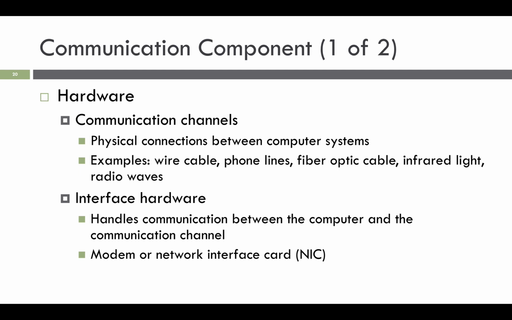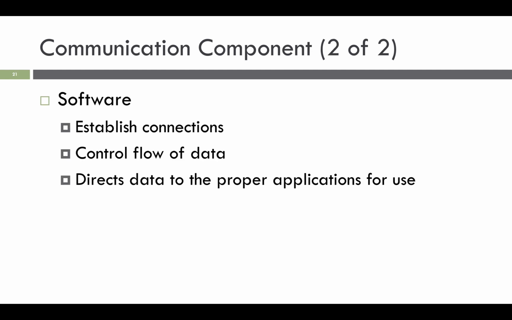For example, one might convert radio signals to a format understood by the computer. The software component handles the data connections and manages the data transfer. The software ensures data maintains its integrity and gets to the proper destination.